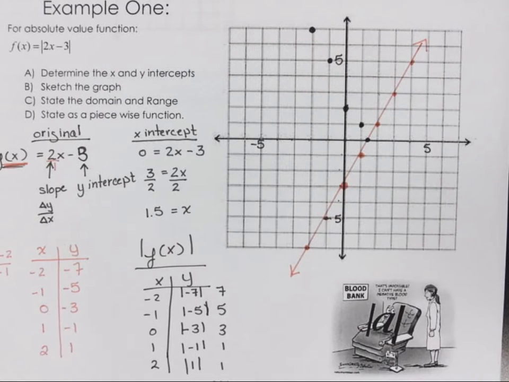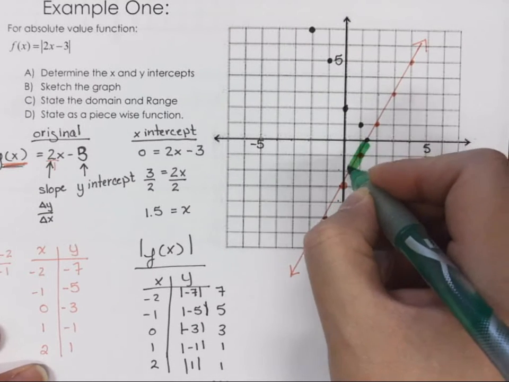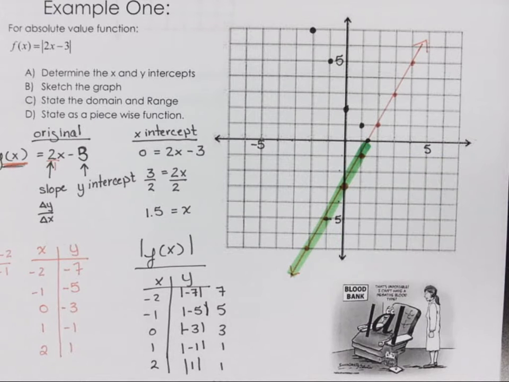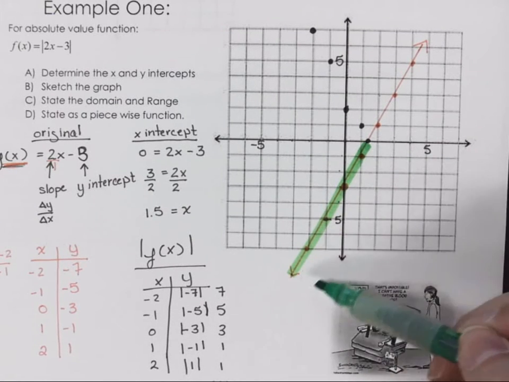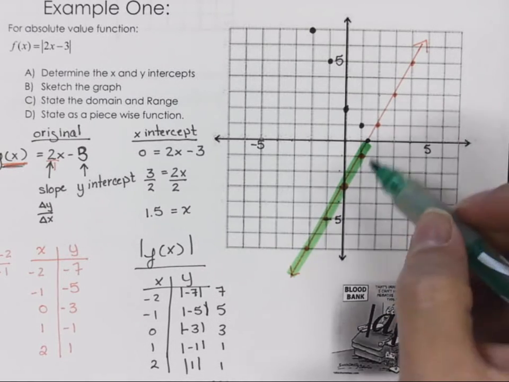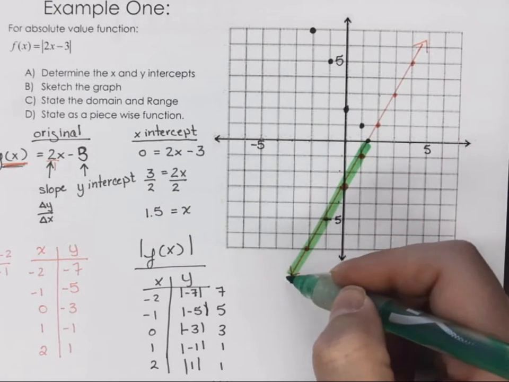Yes. So that x-intercept still stays. What's the absolute value of 0? 0. Okay. So what do we know about this part of the graph? It's all negative y values. So can negative y values exist in my absolute value graph? No. So this part of the graph can't exist.